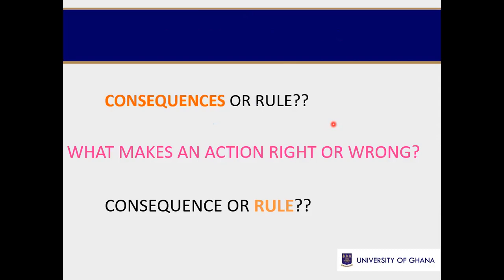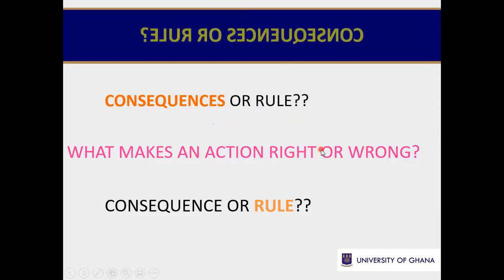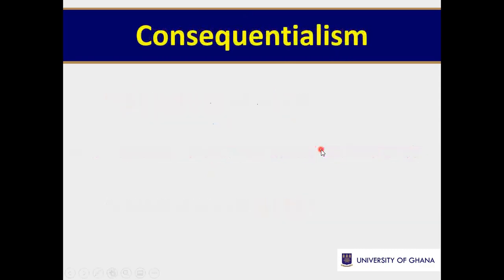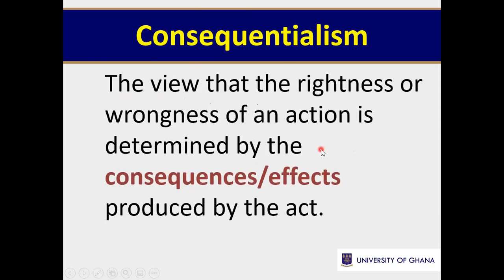Now, if we know the standards, then what makes an action right or wrong? Do we look at the consequences of that act, or do we look at the rule of that act? That's the second part of our presentation. Look at the consequentialist view. Again, I want to tell you that moral philosophy is a whole core course in level 300.